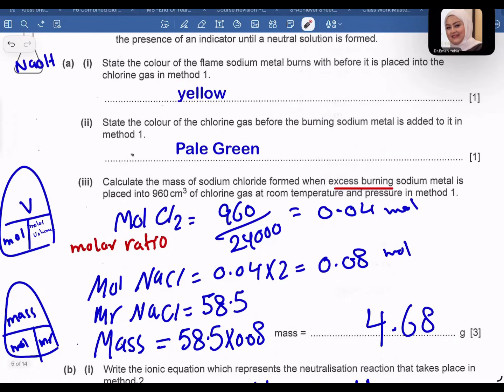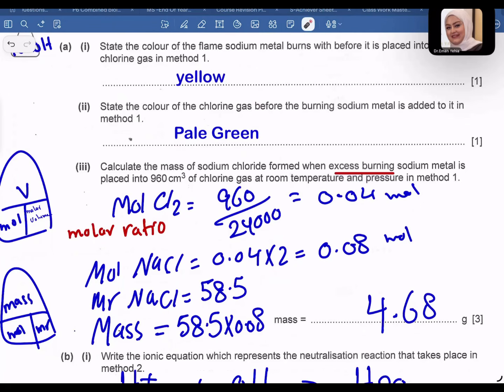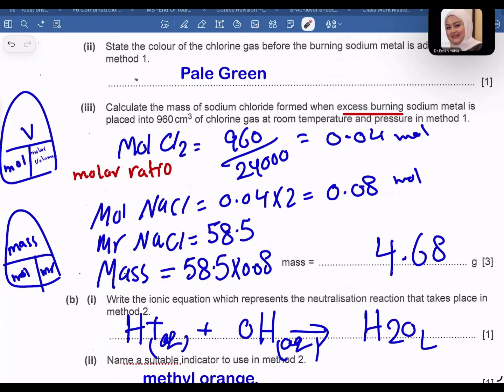Calculate the mass of sodium chloride formed when excess burning sodium metal is placed into 960 cm3 of chlorine at room temperature and pressure. First of all, it is asking about the mass.